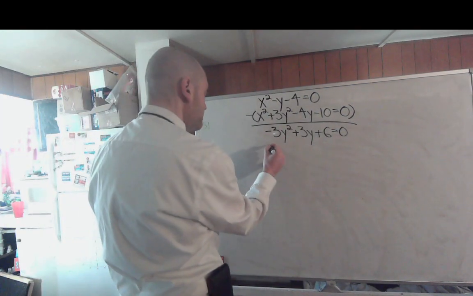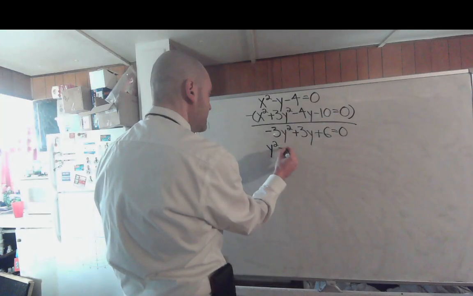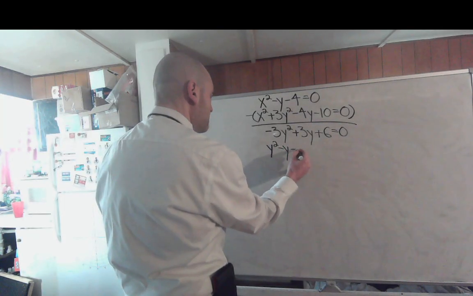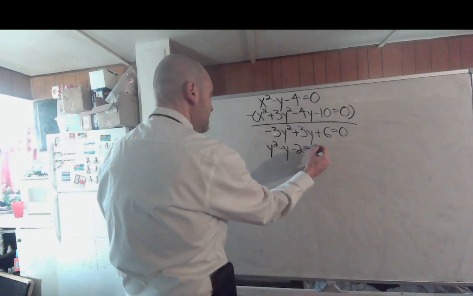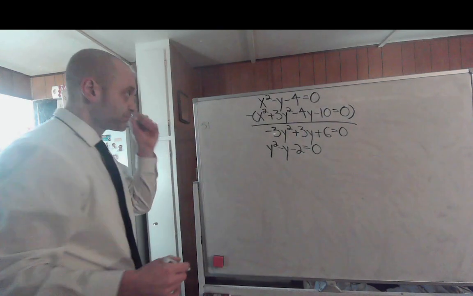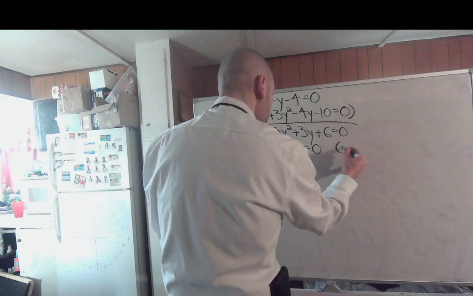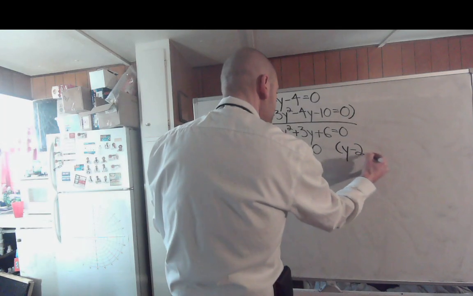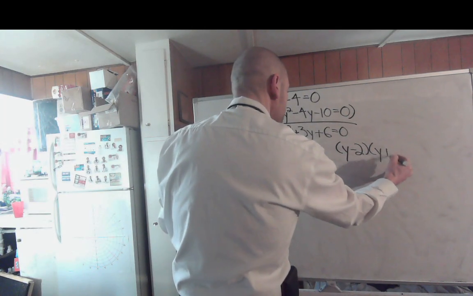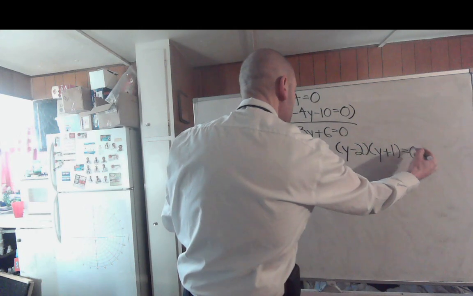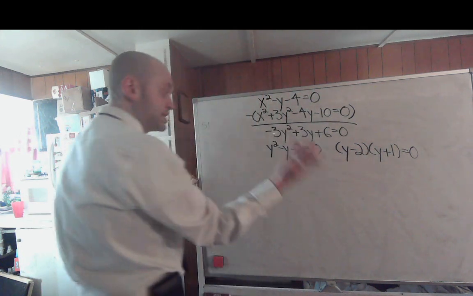So you should end up getting y squared minus y minus 2 equals 0. Which this should factor into y minus 2 times y plus 1 equals 0. Yep, that's exactly what you get.